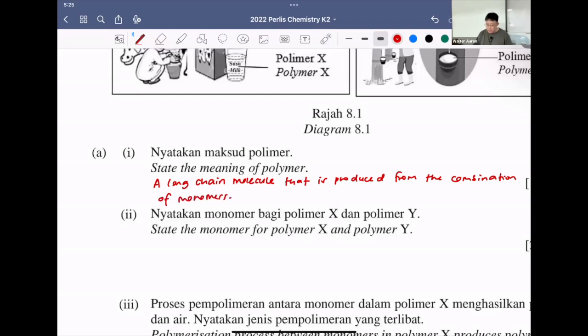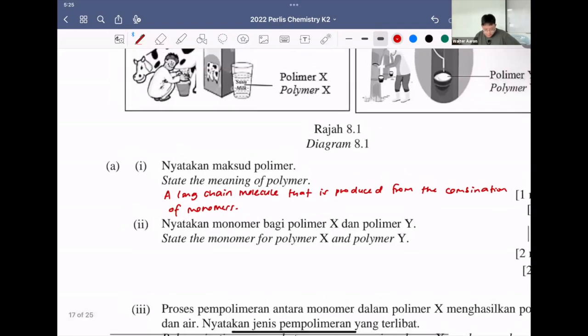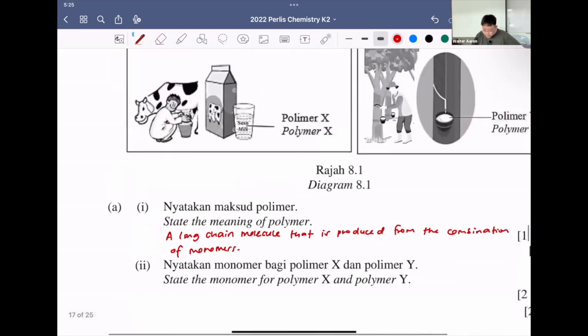Okay, so state the monomer for polymer X and polymer Y. I think X is supposed to be referring to the protein inside the milk. Protein has a monomer called amino acid.